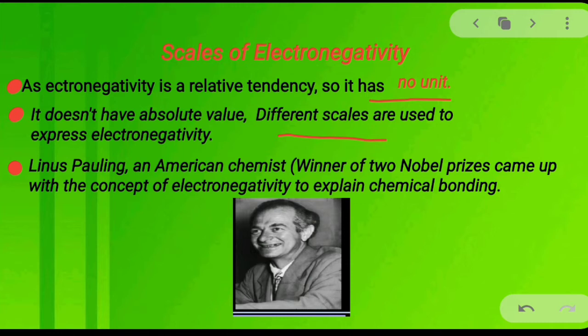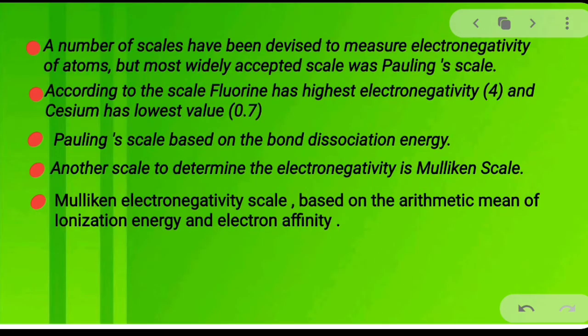Linus Pauling, an American chemist and winner of 2 Nobel Prizes, came up with the concept of electronegativity to explain chemical bonding. A number of scales have been devised to measure the electronegativity of atoms, but the most widely accepted scale is the Pauling scale.